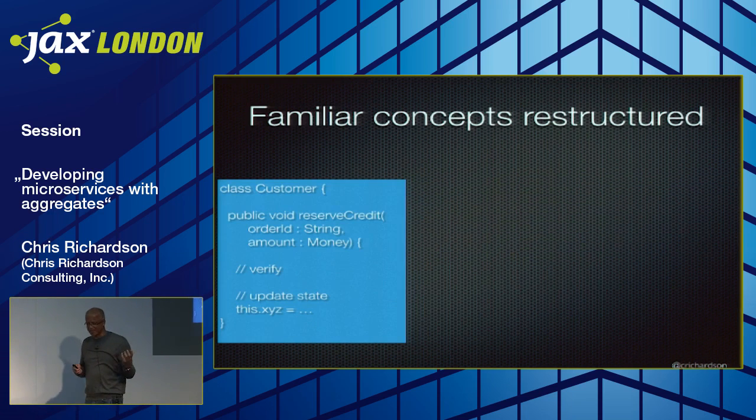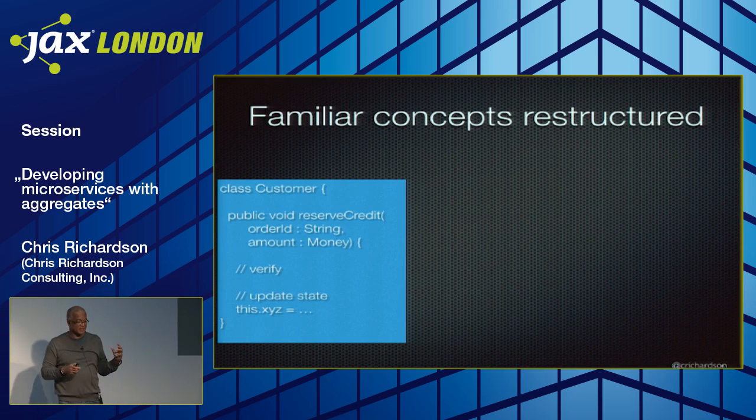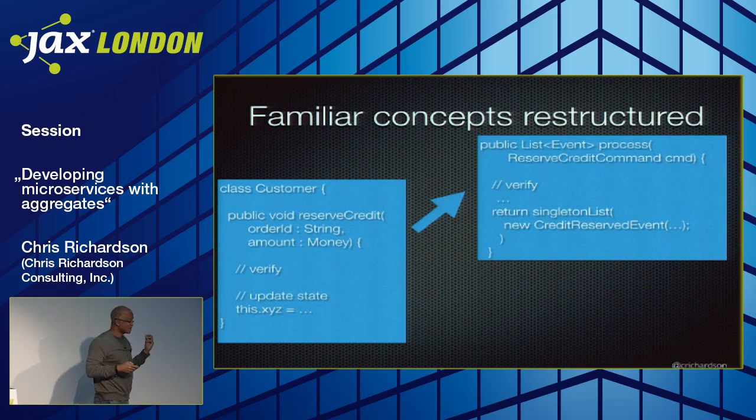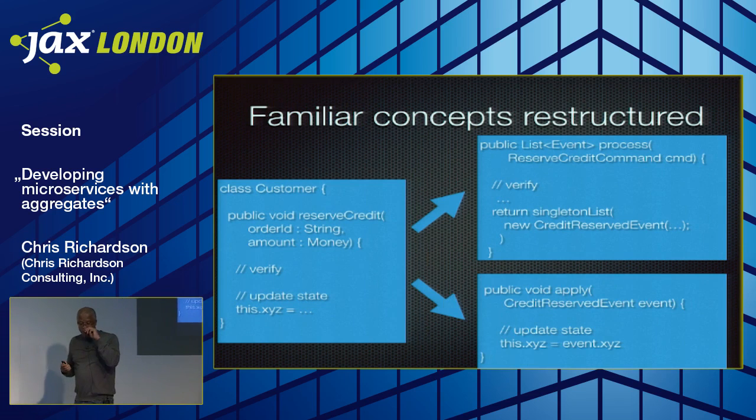So we've taken our business logic methods like reserve credit, that figure out how to update the state and then update the state, and split them explicitly into 2 methods. One of them figures out how to update the state and returns events. The second one is an apply method that takes the event that was generated by process and then applies it.